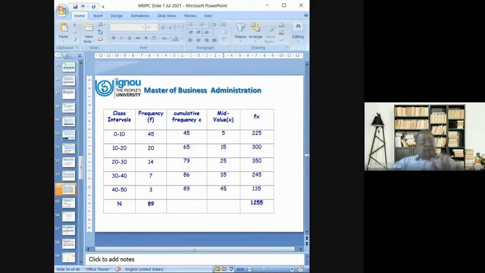Adding 10 again, 45. Now this mid value is multiplied by this frequency, and this will be used in calculating the arithmetic mean. fx: 2 into 5. Similarly, these two numbers are multiplied together. 45 into 3 is 135. We will be summing it: 1255.